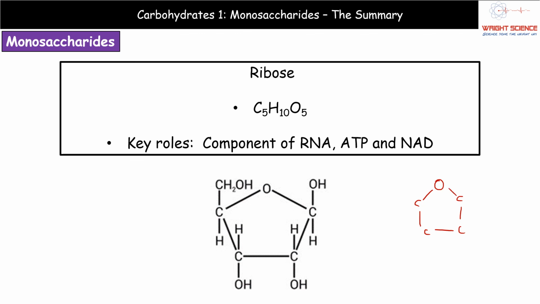And then from the carbon to the left of the oxygen we're going to add our CH2OH group. The rest of it, we'd just be filling in the hydroxyl and the hydrogens. But if you're just asked to lay out where the carbons are, that's all you'd need to do, because we've got the 4 in the ring structure with the oxygen, and then your 5th carbon coming off from that 4th carbon just before the oxygen.